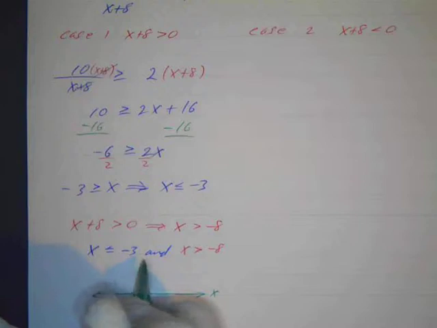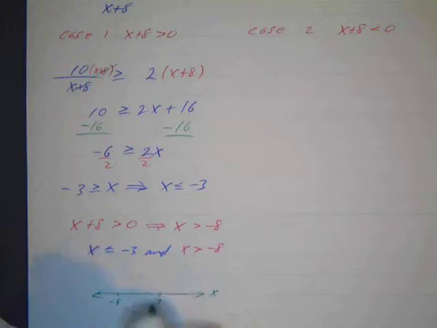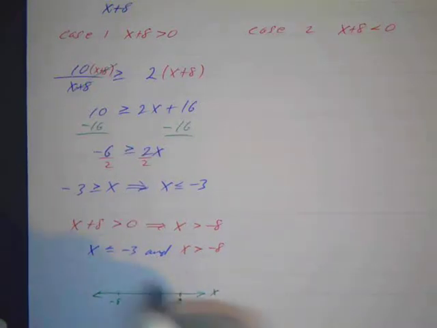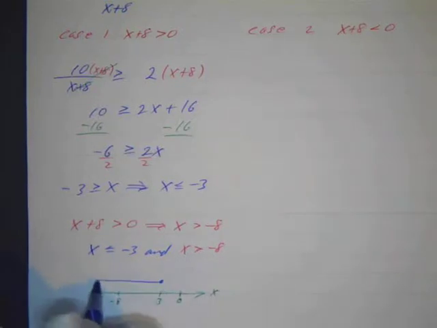And I've got negative 3 and negative 8, so here's negative 8 over here. Maybe negative 3 is over here, and maybe 0 is over here. Okay? And so now what we want to do is put this over the number line. So x is less than or equal to negative 3. So I'll put a dot over here, and it's going to be to the left of negative 3.